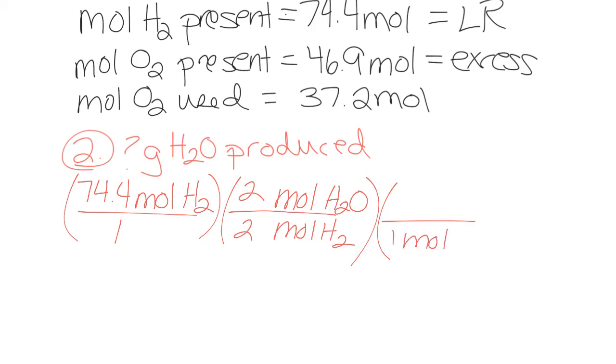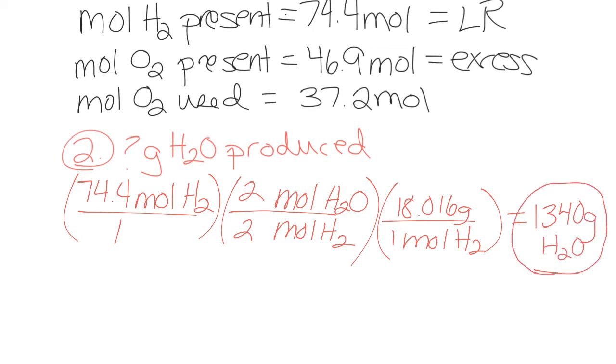So 1 mole of water is 18.016 grams. So now I'm just going to do 74.4 times 18.016, and that gives me an answer of 1340 grams of water that would be produced.